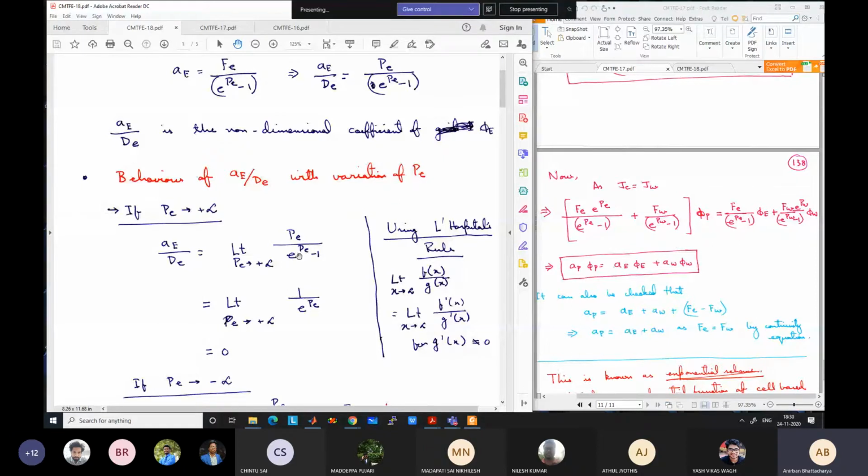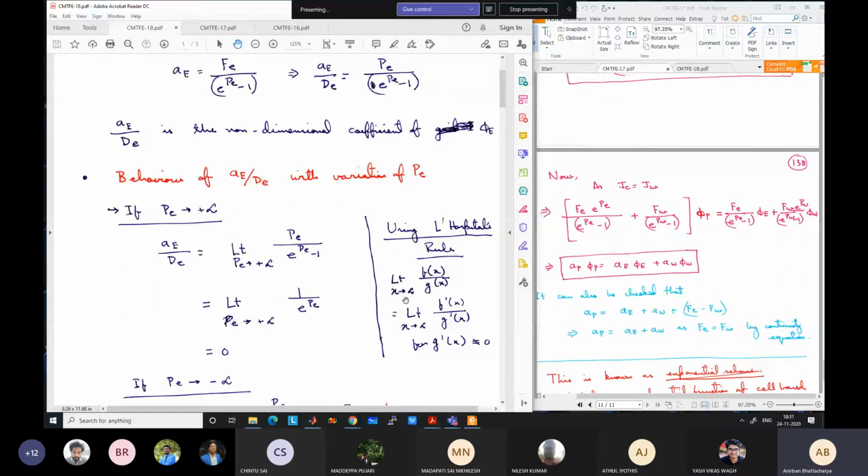Otherwise, you cannot find the value. So we use L'Hopital's rule. If you don't remember, check some source or maths book for L'Hopital.